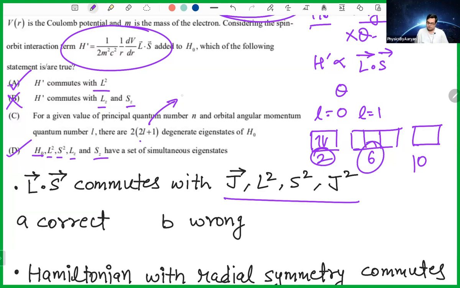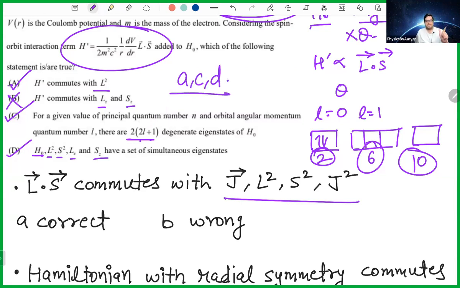If I put L equals 2 here, I get 5 into 2, 10. So I can put 10 electrons in d. So for any L, the degeneracy is 2 into (2L plus 1). So option C is also correct. So A, C and D are correct, and B is going to be wrong. And so the correct option is A, C and D.